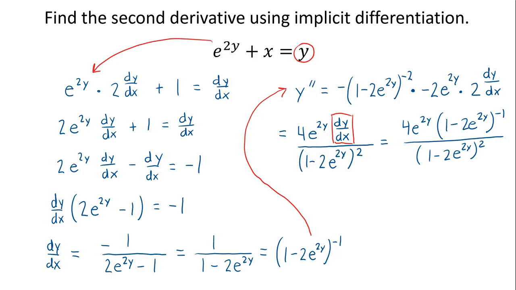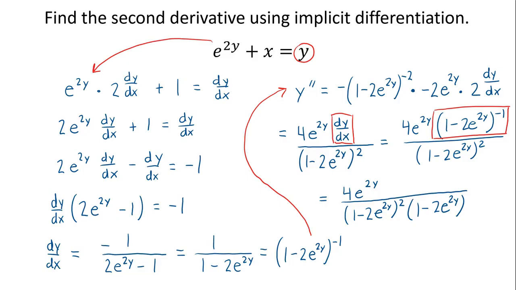So I'm going to move the factor in the numerator into the denominator to make the negative 1 exponent a positive 1 exponent. Doing that gives us this expression. Now let's multiply the like bases in the denominator together. And finally, that gives us our second derivative. 4 times e raised to the 2y over the quantity 1 minus 2 times e raised to the 2y to the third power.